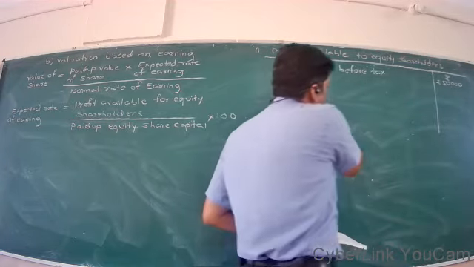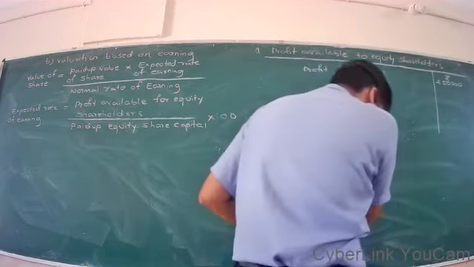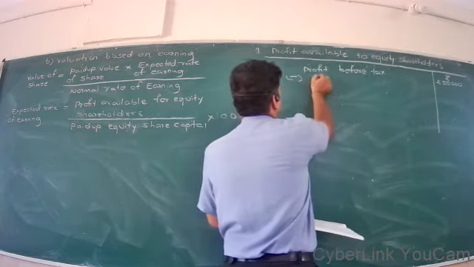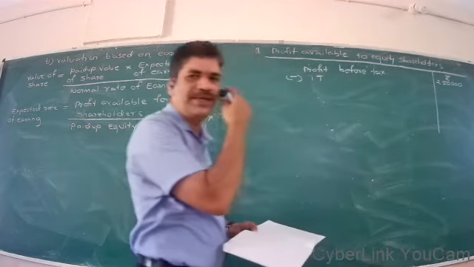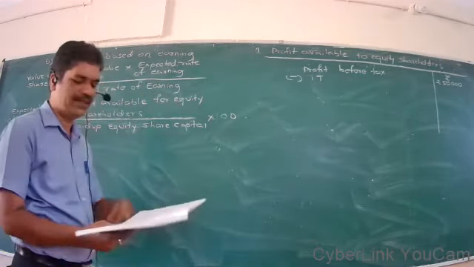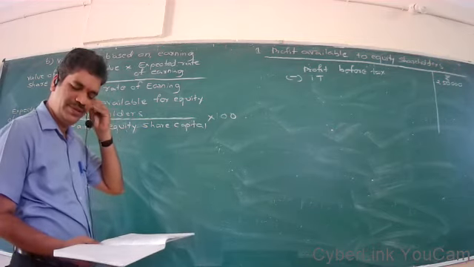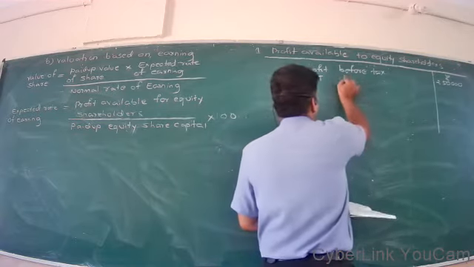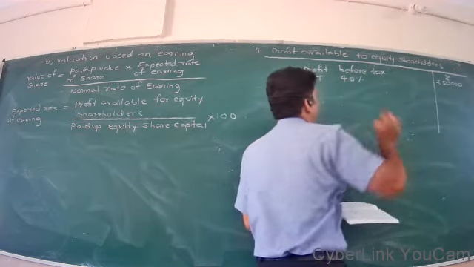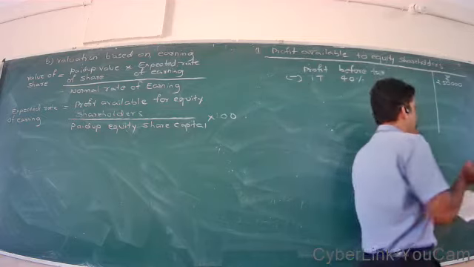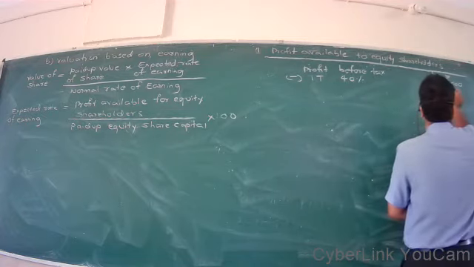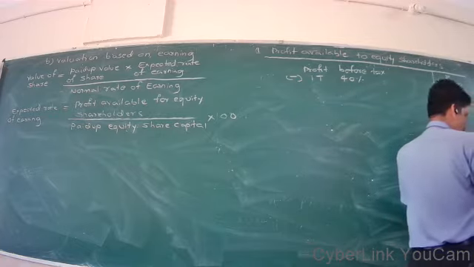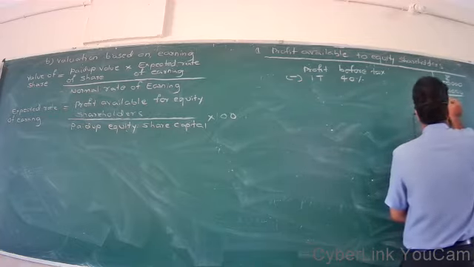Then minus income tax. Income tax is given at the rate of 40%, so I write IT at 40%, and that becomes 1 lakh. The amount remaining is 1,50,000.